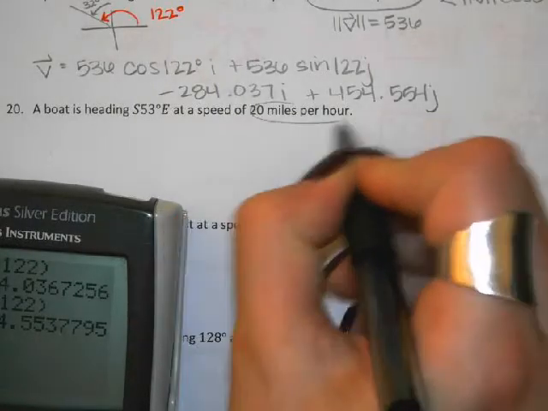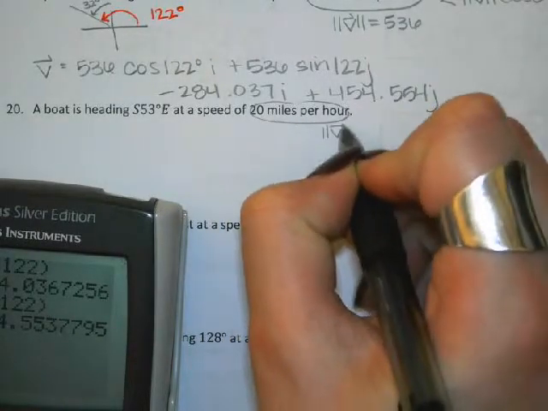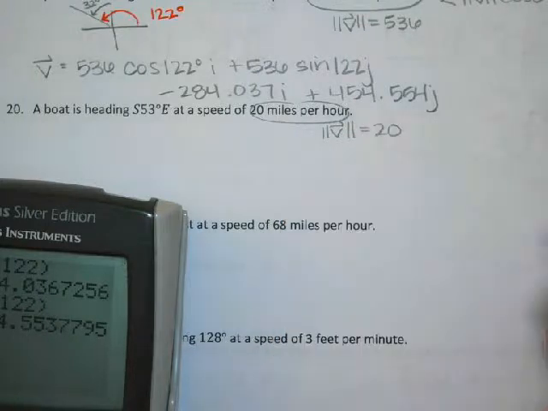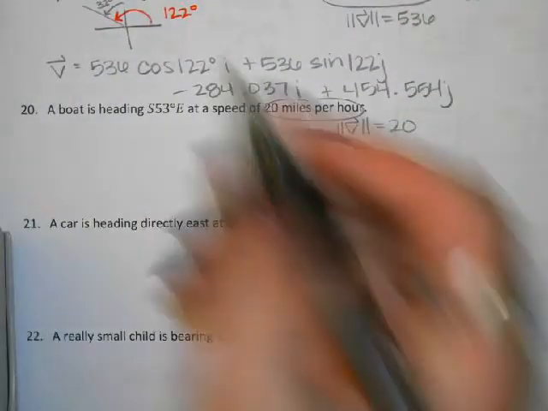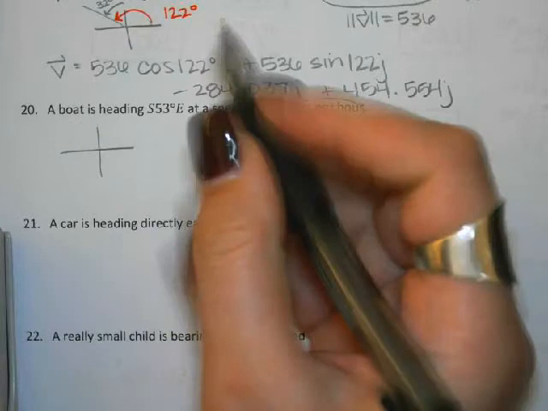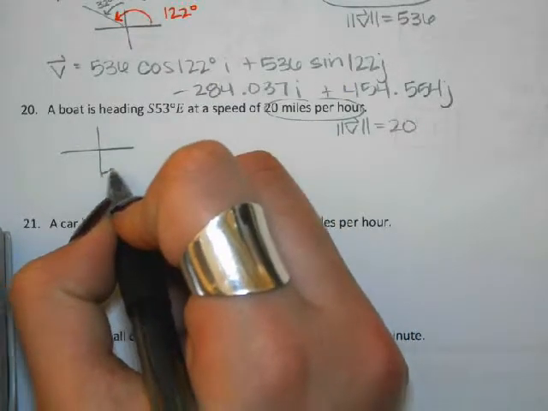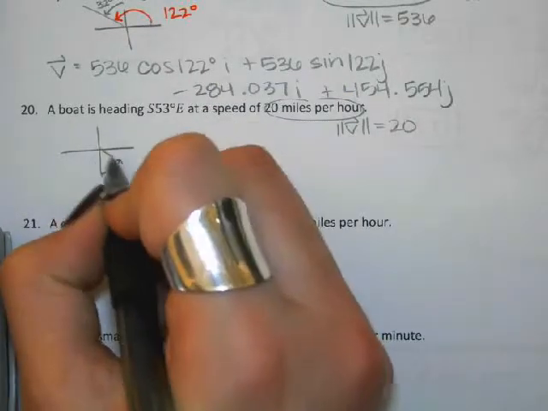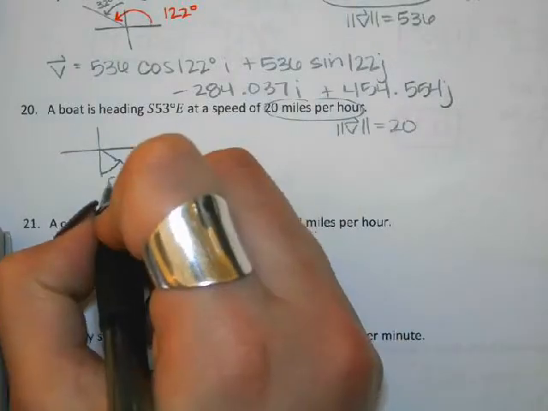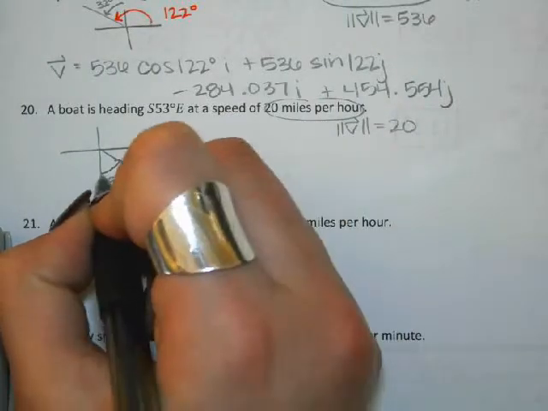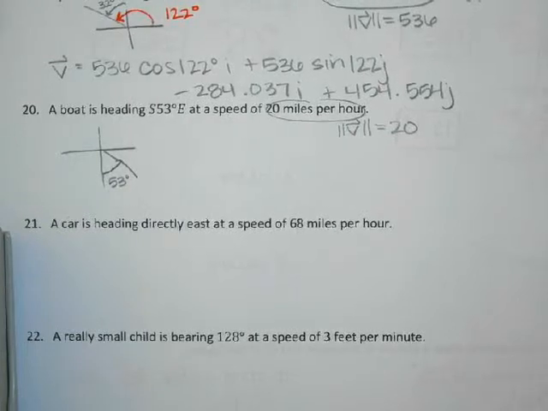So 20 miles per hour, there's our magnitude. And then we have a boat, and it's going southeast. Is what, 143? The angle?